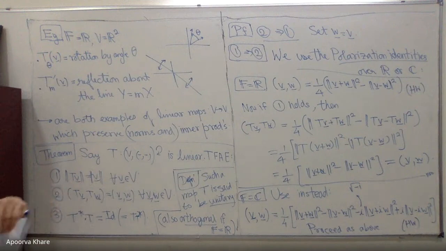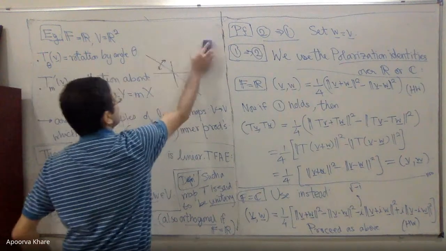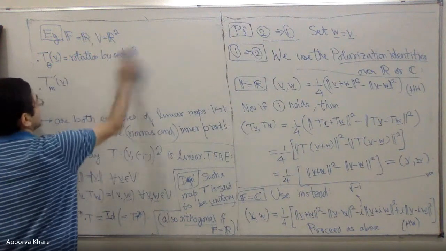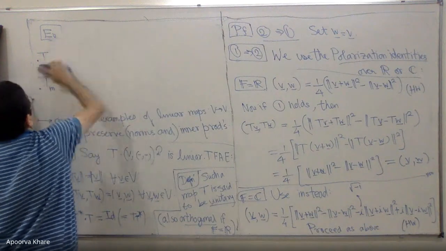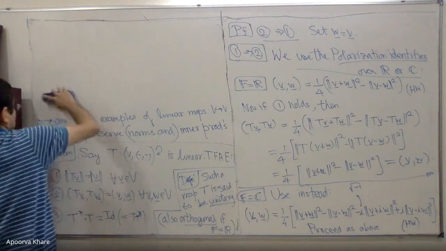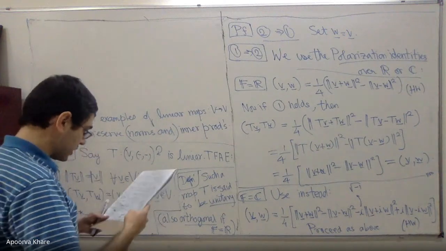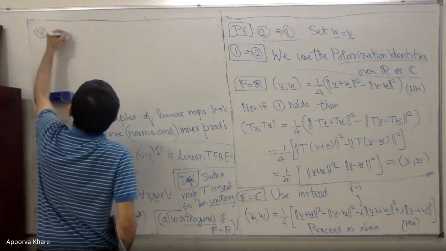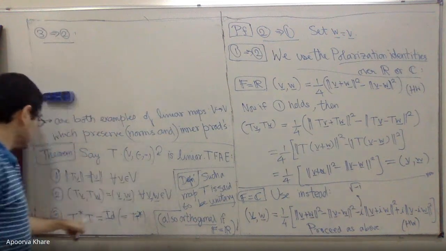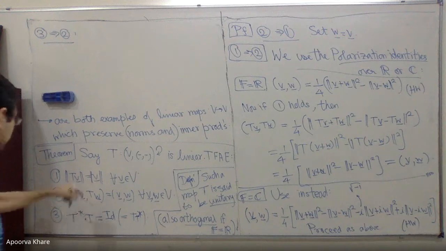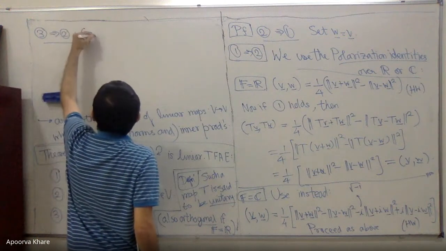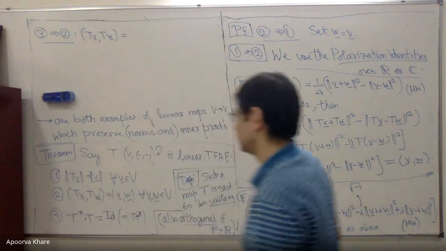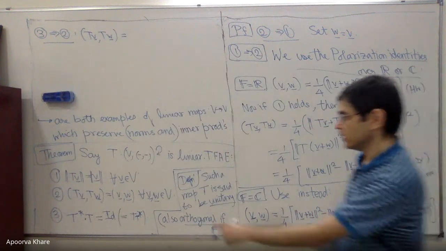Now 2 and 3. That's again fairly straightforward. 2 and 3 is easier because there is no such fancy identity. It's just the properties of inner products and the adjoint map. So let's see, which one did I write down first? I wrote down 3 implies 2. Okay, 3 implies 2. Now I want to prove 2, so I write down TV, TW.